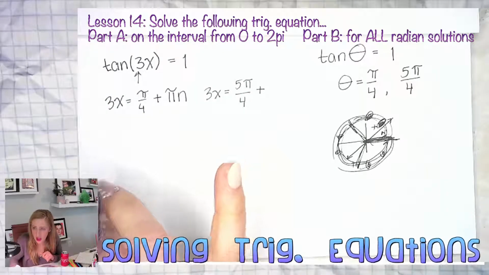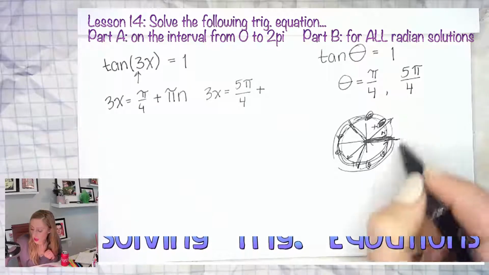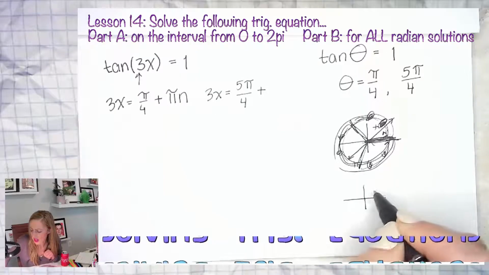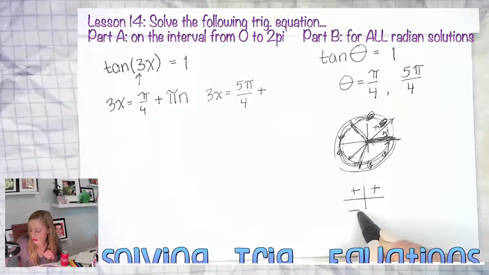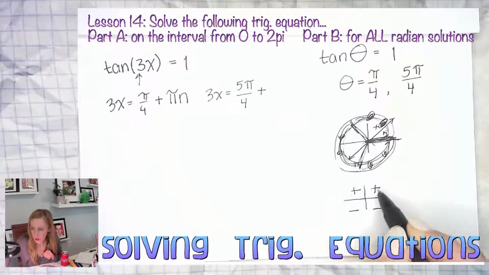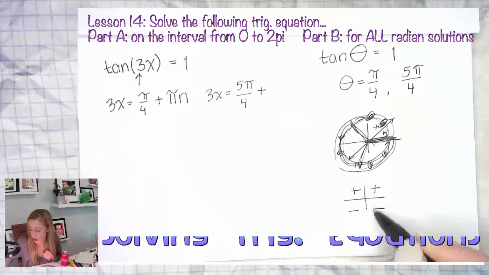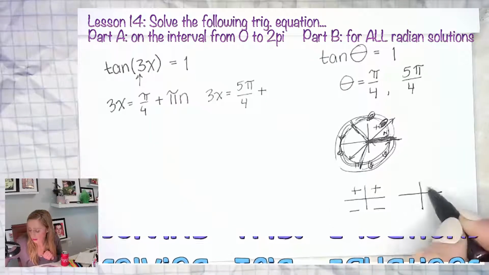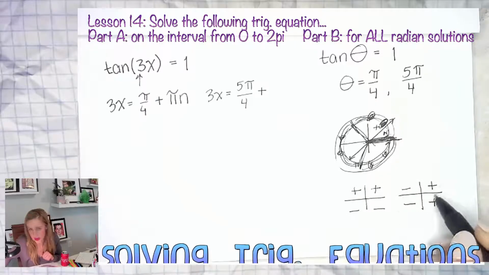Tangent and cotangent, though, the period of those graphs is shorter, because if you think about the quadrants, and I think I did this in another example, sine is positive, positive, negative, negative, repeat. So it takes a full 2 pi. Same for cosecant, because it's a reciprocal. Cosine, positive, negative, negative, positive, repeat.